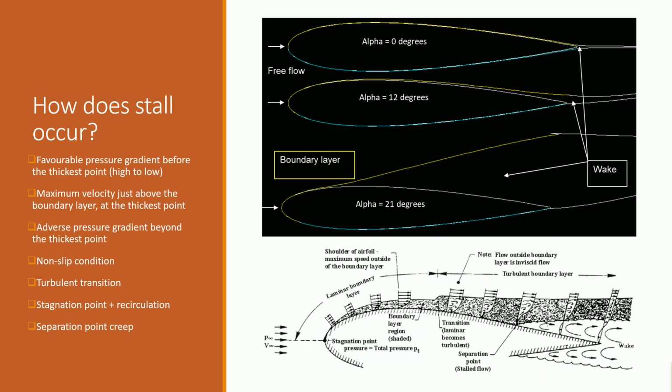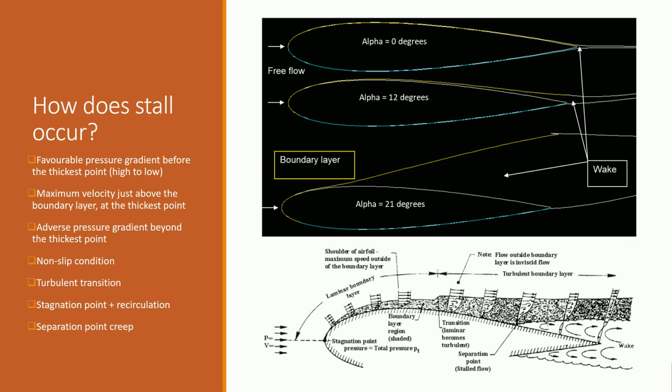The flow above and below the boundary layer. Above the boundary layer, the flow from the leading edge to the maximum thickness point experiences a favourable pressure gradient, where the velocity is increasing because of the decreasing pressure as the flow reaches its maximum curvature and velocity.